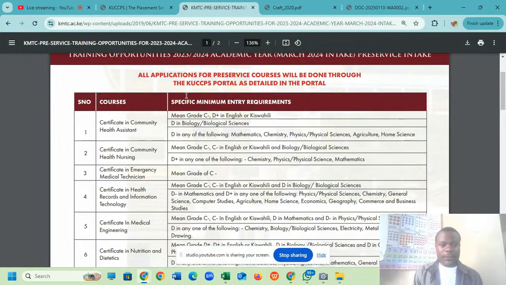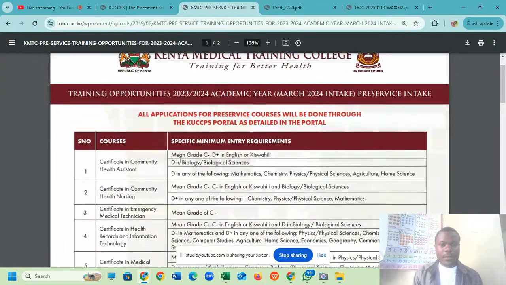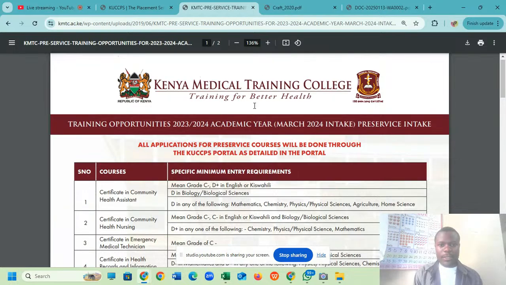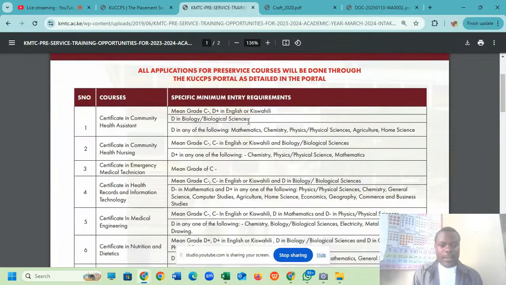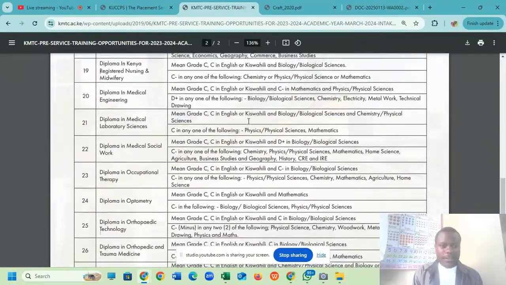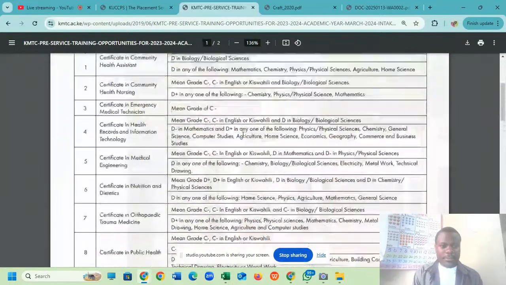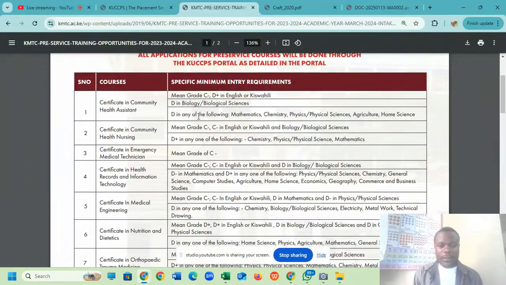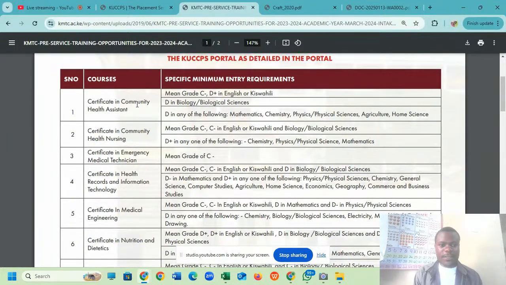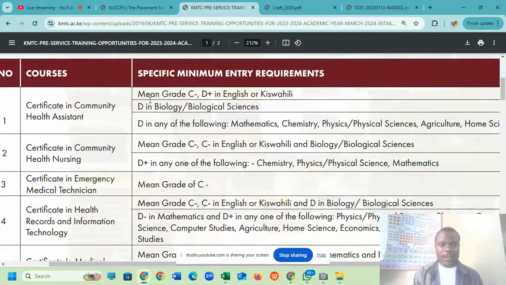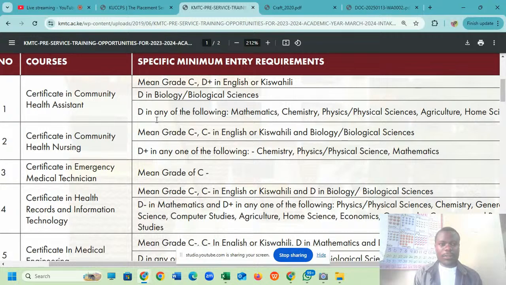So let's see, for the Kenya Medical Training College, KMTC, they have several courses, diploma and certificate. They specify the subject requirements. For example, certificate in community nursing, you are supposed to have a minimum grade of C minus, D plus in English or Swahili, D in biology.